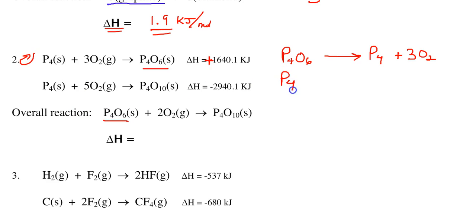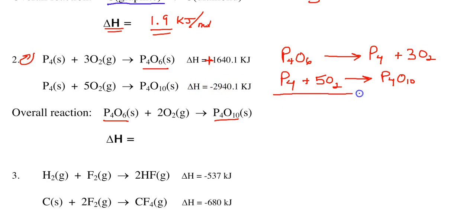I'm not changing this one because the P4O10 is a product, so I don't want to change that one. I'm just going to rewrite it this way. So P4 plus 5 O2s, big arrow, gives me the P4O10. I didn't change this at all. The direction stays the same, so the sign does too.